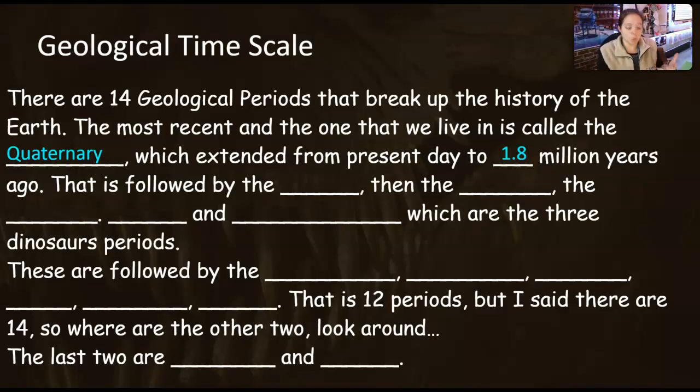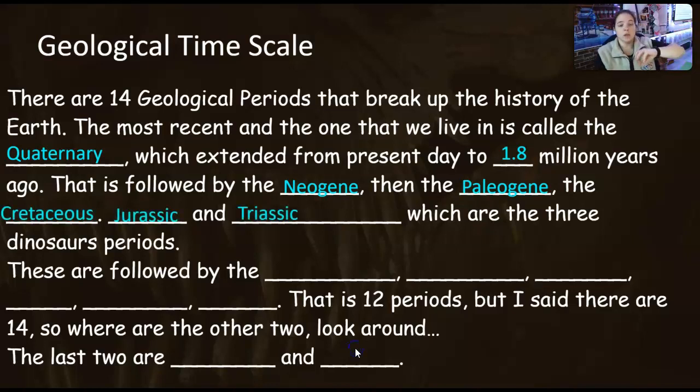So before the Quaternary, you can see right underneath it, you have the Neogene. Before that, you have the Paleogene. And then you have three that go together that are the Cretaceous, the Jurassic, and the Triassic. Those three are known as the dinosaur periods. That's where you find all the different dinosaurs.